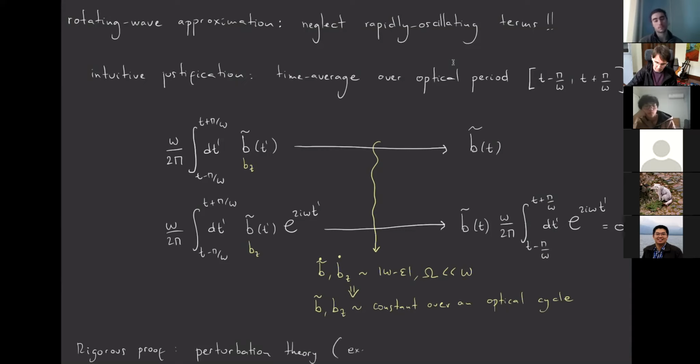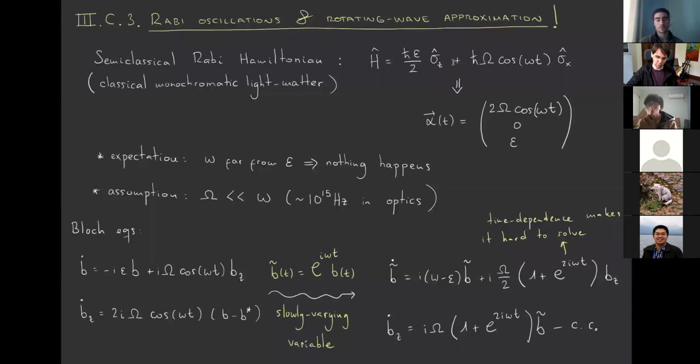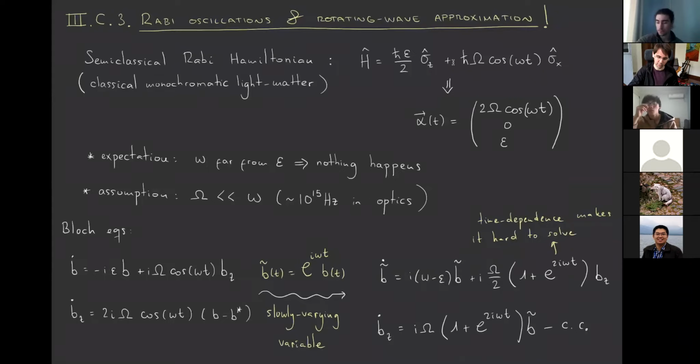And this you will see by yourself in an exercise. The exercise of this chapter will be precisely about doing perturbation theory of this equation, treating this Hamiltonian as a perturbation over the bare atomic Hamiltonian.